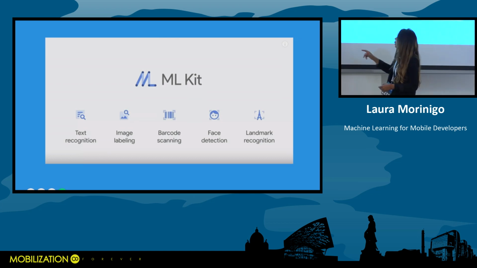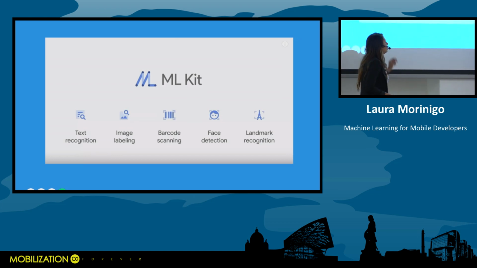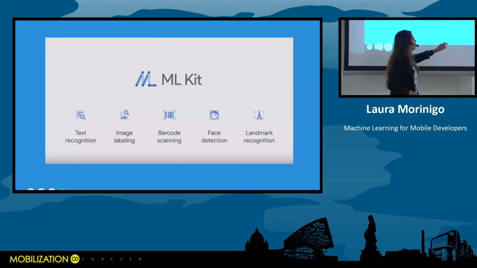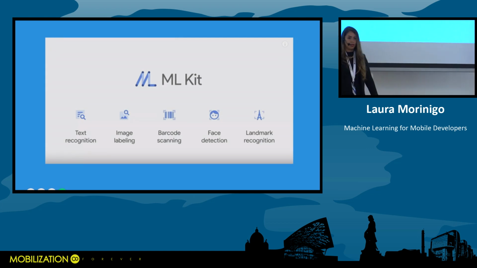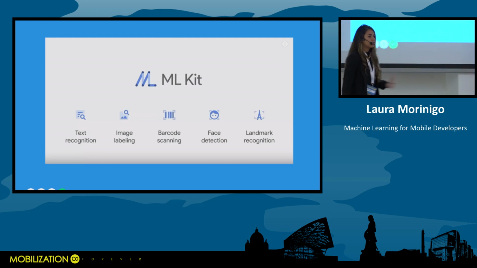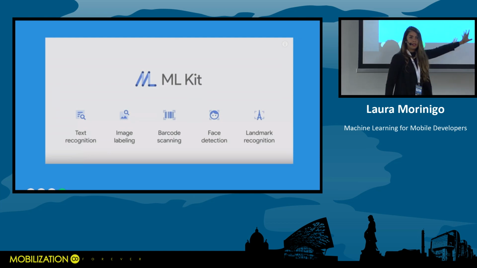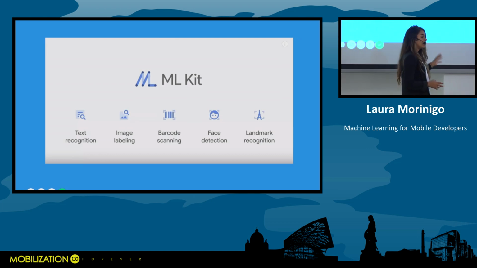The first one, text recognition, is available offline. Landmark recognition is not available offline. And in my case, again, most of the time I'm playing around with image labeling.